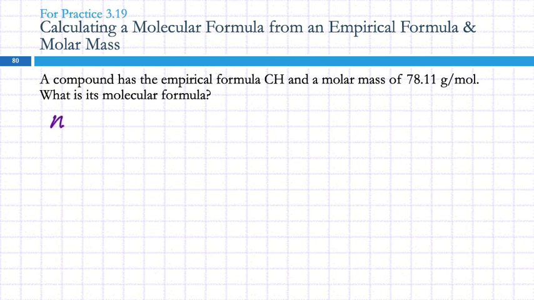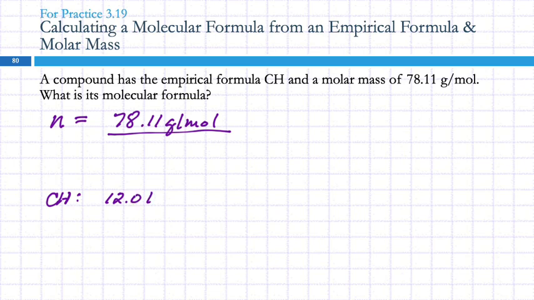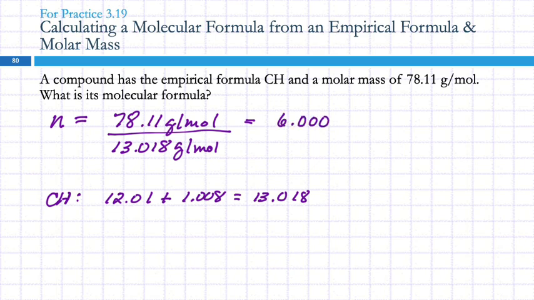Well, to find that multiple, I'm going to take the molar mass that they gave me, 78.11 grams per mole, and I'm going to divide it by the molar mass of the empirical formula, which you just calculate. 78.11 divided by 13.018 equals 6.000.